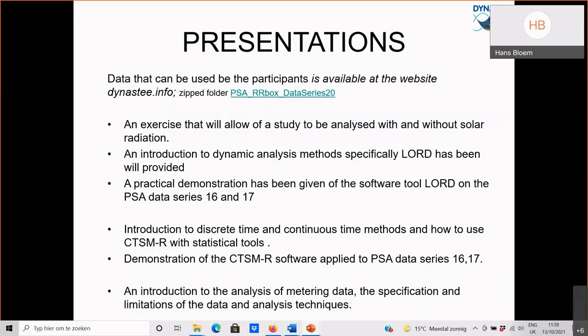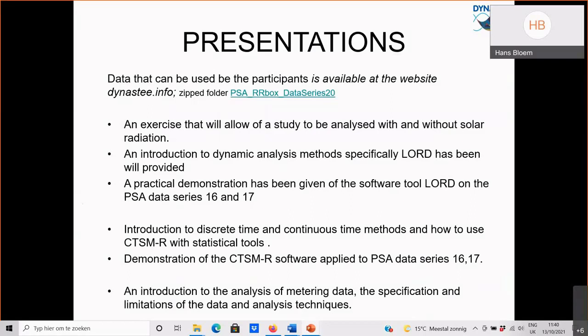So this is a listing of the presentations that we have done so far. We have given you an introduction to the methods that we are using, in particular LORD and CTSMR. We have also given you an introduction to the data that has been produced by PSA in Almeria, and that is of high quality, so you can use that.